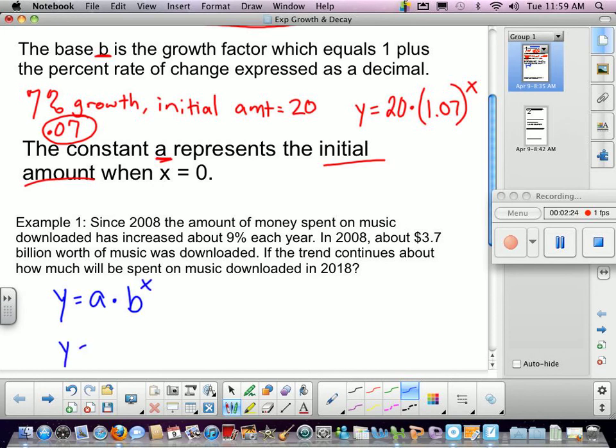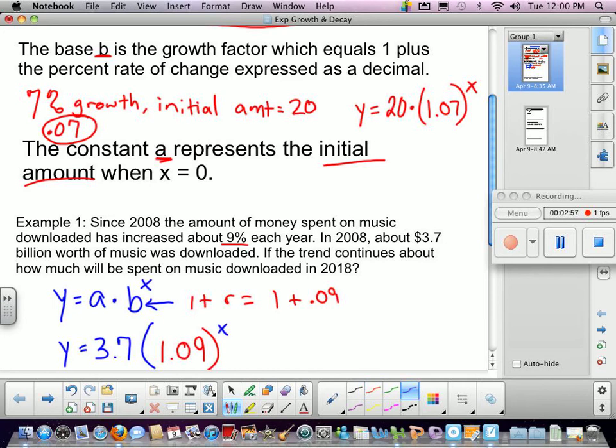The initial amount is going to be 3.7, so we substitute that in. This b would be 1 plus the rate expressed as a decimal, 9% would be 0.09. So in there we would have 1.09, and this would be raised to the x power.